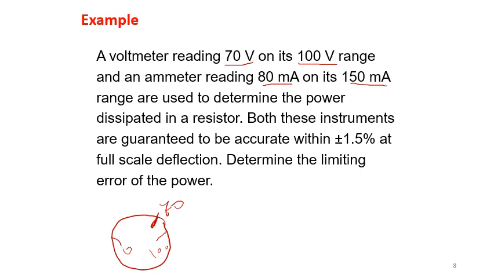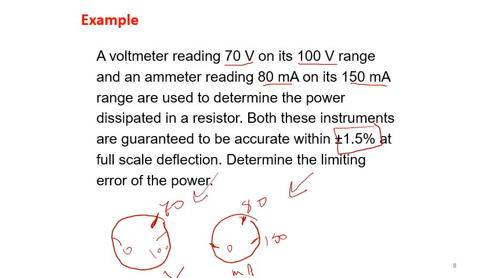Another device, the milliammeter, has a range of 0 to 150 milli, and it measures 80. Both of them are guaranteed to within plus minus 1.5%. We need the value of voltage and the value of current to calculate the power. So we need to know the limiting error in the power, in the result of measurement.